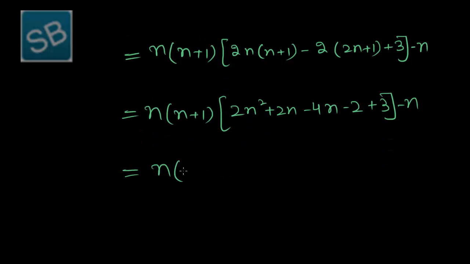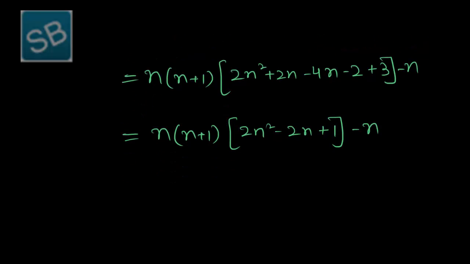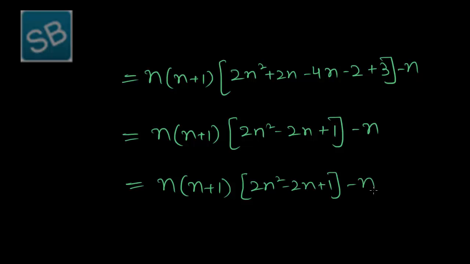So we get n into n plus 1, 2n square plus 2n minus 4n, we get minus 2n, minus 2 plus 3, that is plus 1, minus n. So we get n into n plus 1. Now in the bracket we get 2n square minus 2n plus 1 minus n.